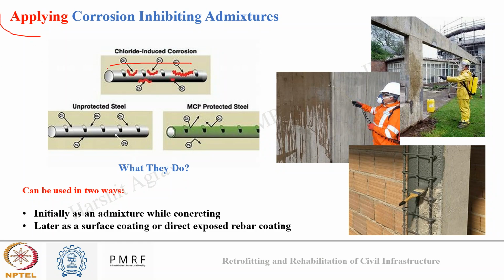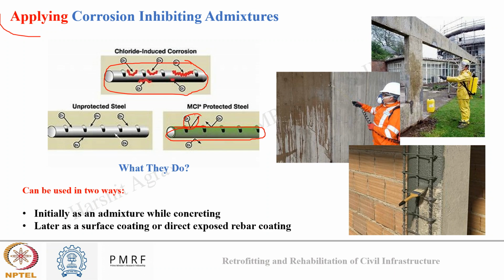In this image, you can see a rebar was affected by chloride ions and it was corroding. Okay, and it was unprotected. After cleaning, we applied a corrosion inhibitor coating over it, and now the chloride ions are not able to interact with the steel. So this is also one way in which steel can be protected.